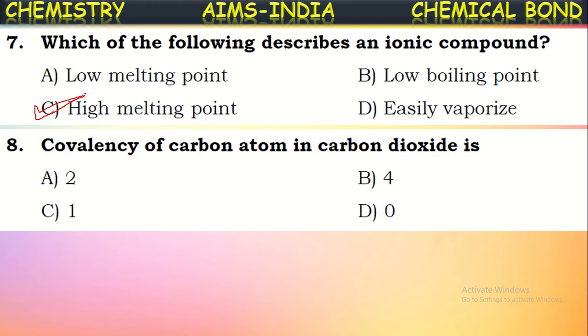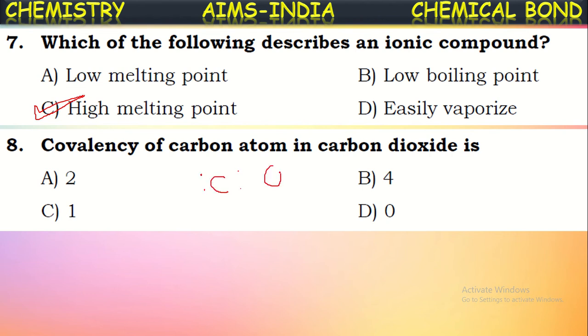Okay. Next, covalency of carbon atom in carbon dioxide. Covalency, in the sense, the number of electron pairs shared by an atom in the covalent bond formation is called its covalency. We know carbon shares 4 pairs of electrons with 2 oxygen atoms because carbon has 4 valence electrons.